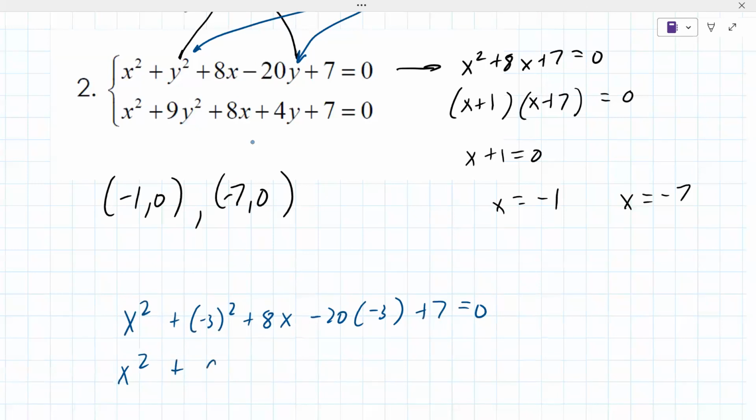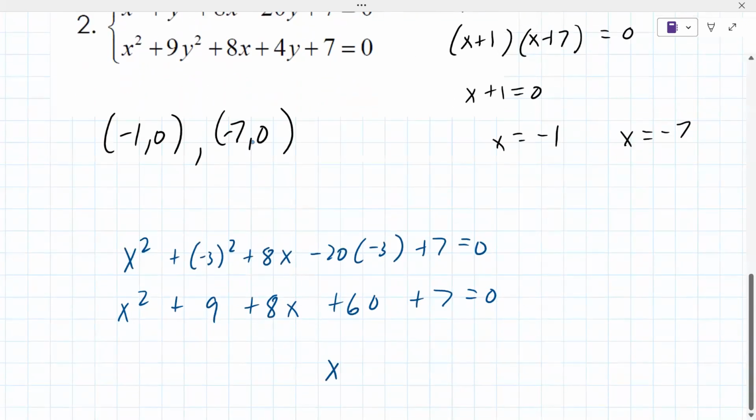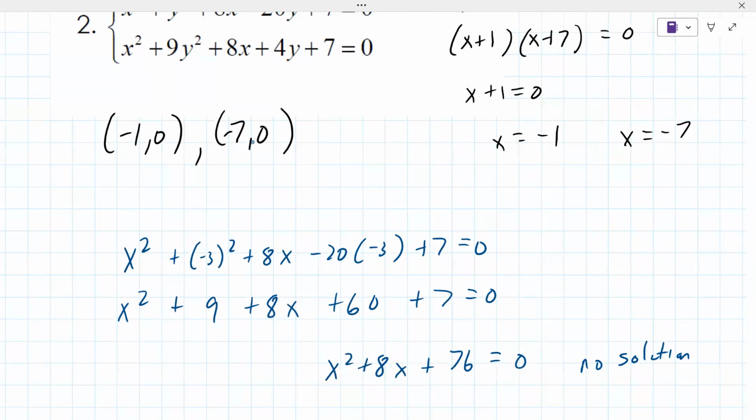X squared plus 9 plus 8x plus 60 plus 7 equals 0. So this produces x squared plus 8x plus 76 equals 0. This actually has no solution, which is a little bothersome, but that is possible.